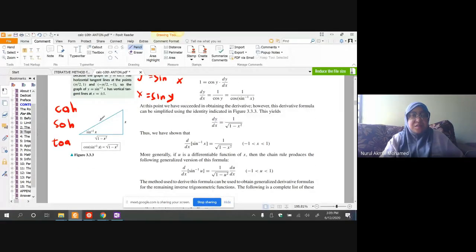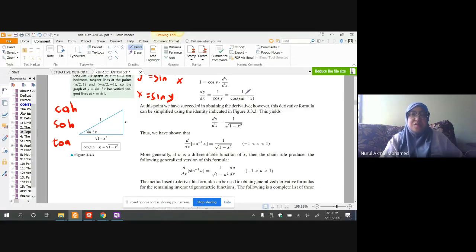So the dy dx is equal to 1 over cos of theta.